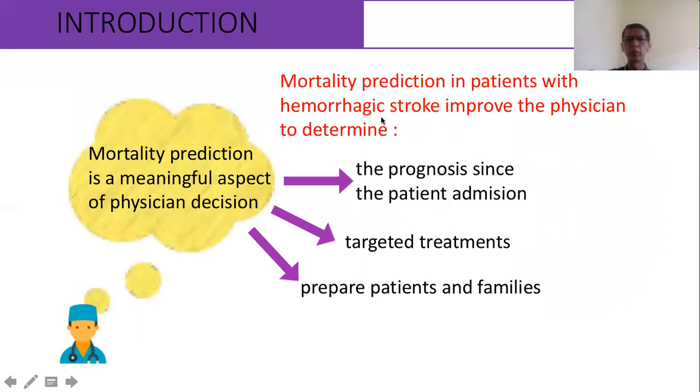Mortality prediction improves the precision to determine the prognosis at patient admission, and to determine target treatments. Is an intensive care room needed or not? It also improves the precision to prepare patients and families. It is very important to have good communication between physician and patient or their family.